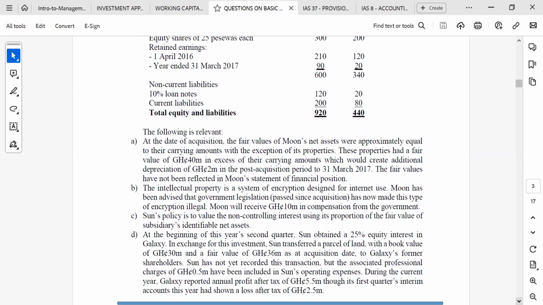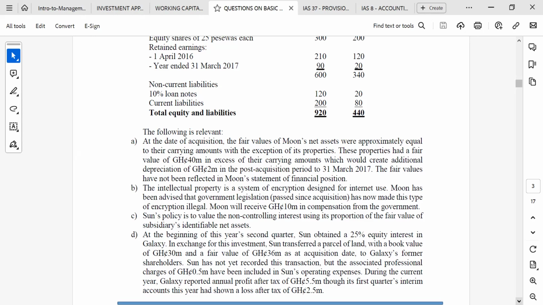It says since acquisition. So it means that at the date of acquisition, it was illegal. So when are they making it to be illegal? When are they telling you this is now illegal? At the reporting. But it was not illegal at acquisition.